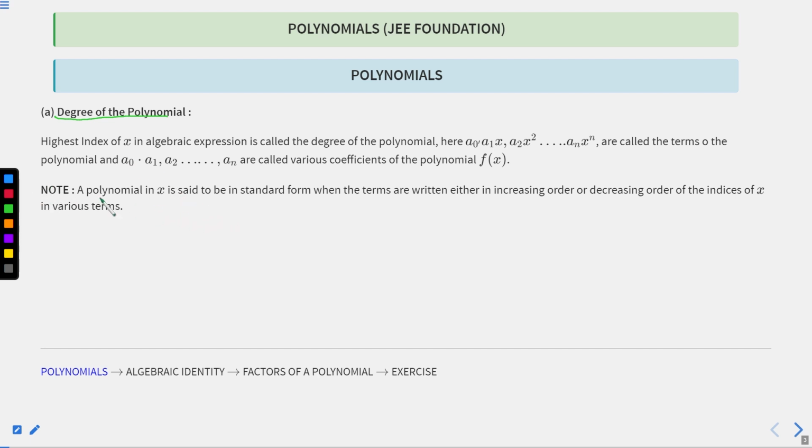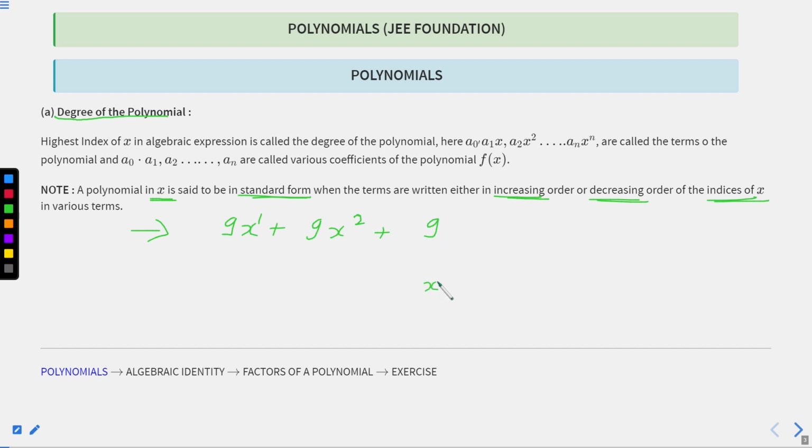Let's take a note. A polynomial in x is said to be in standard form when terms are written in either increasing or decreasing order of indices of x. For example, my polynomial is given like this. This is a polynomial, yes, because all the powers of x are non-negative. Here x power is 1, here x power is 2.